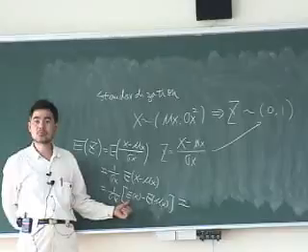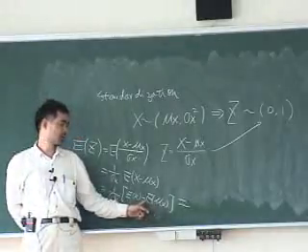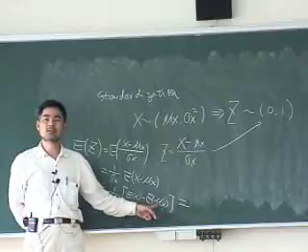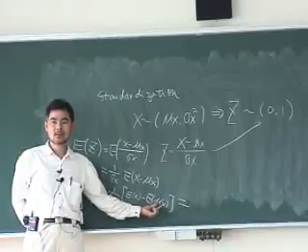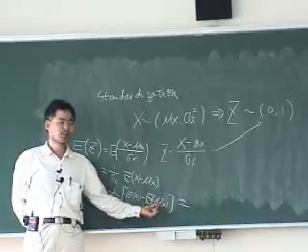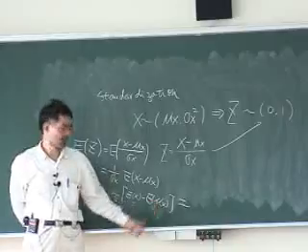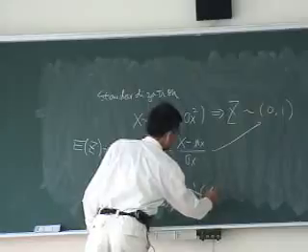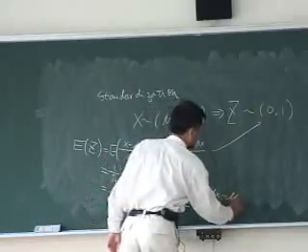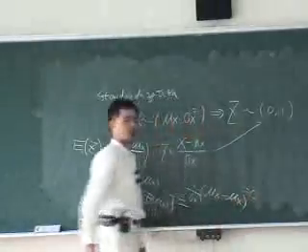And what about this one? The expectation of mu x is equal to what? This is also a constant, so the expectation of mu x is exactly mu x. So you have 1 over sigma x times (mu x minus mu x). What is that equal to? That is equal to 0, right?